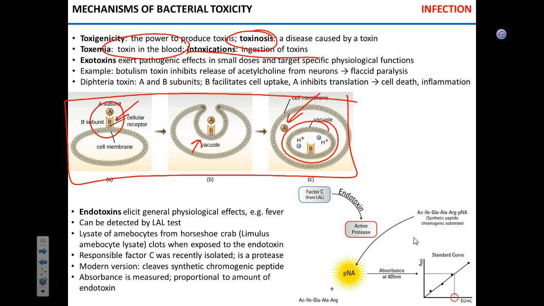So that was exotoxins. Now endotoxins, let's go back to them. Remember, we talked about them just 10 minutes ago. I want to ask you now, where do they come from? Where can you find them? Endotoxins. The envelopes of which types of cells?